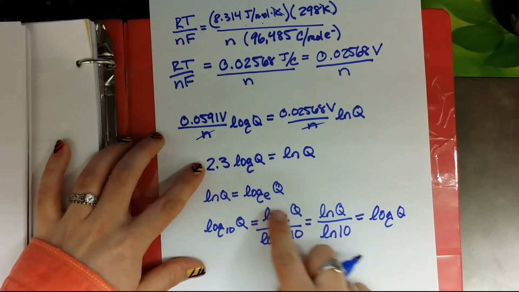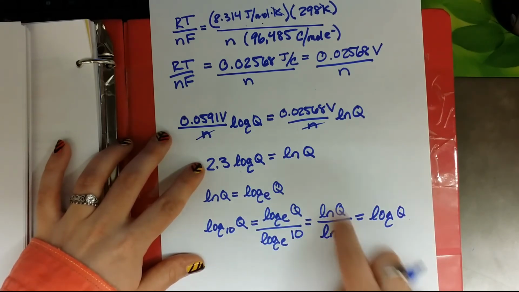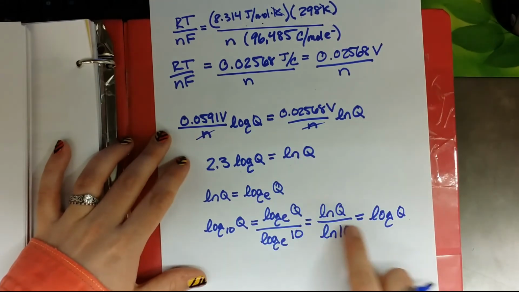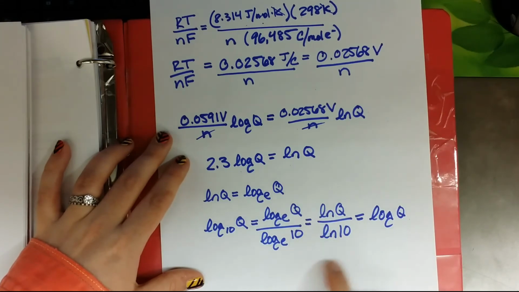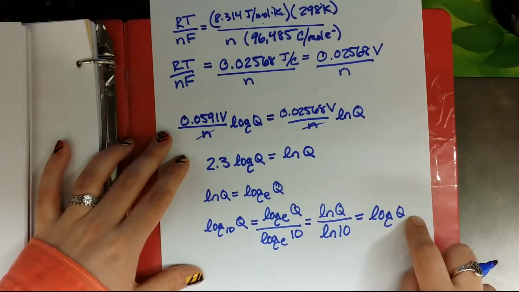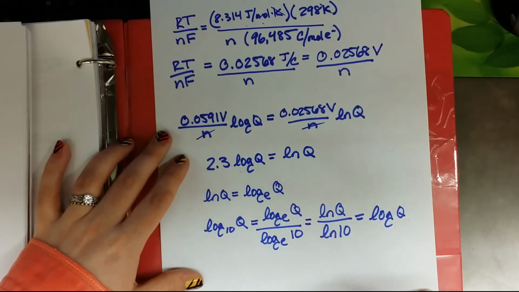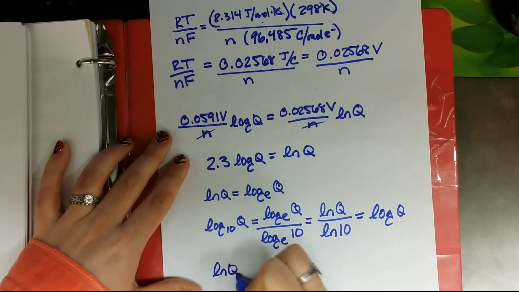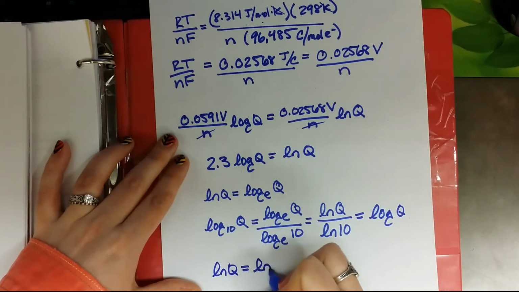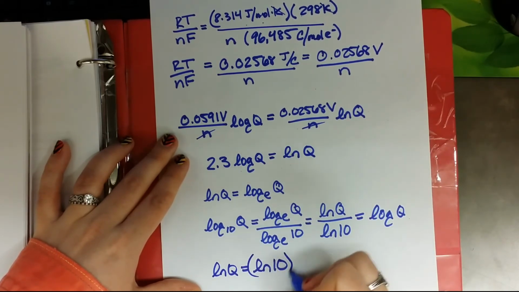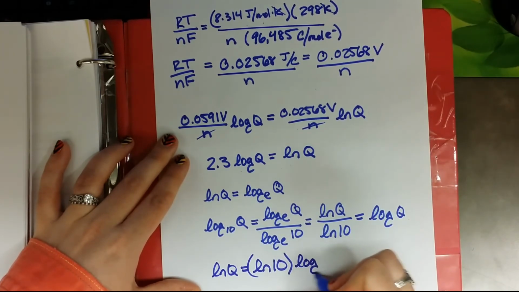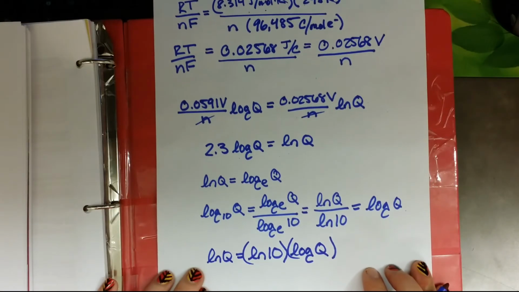So now we have this relationship that's going to get us back up here, right? If we write this in terms of what ln of Q is equal to, we're going to have ln of Q equal to log of Q times the natural log of 10, right? So we take natural log of 10, multiply it on both sides. So ln of Q is equal to ln of 10 times the log of Q. Okay?